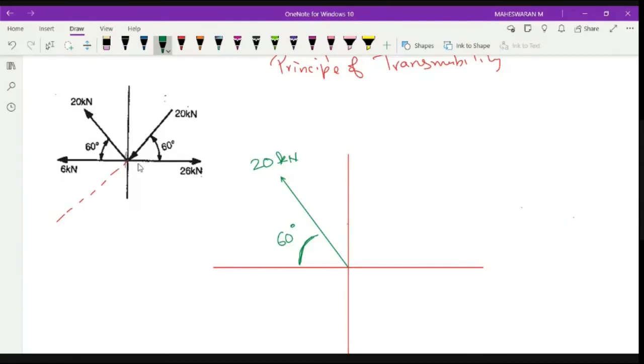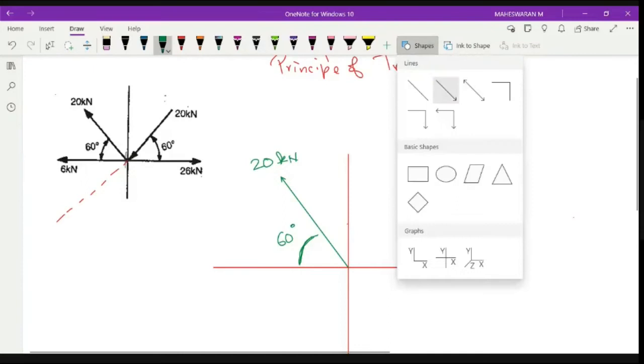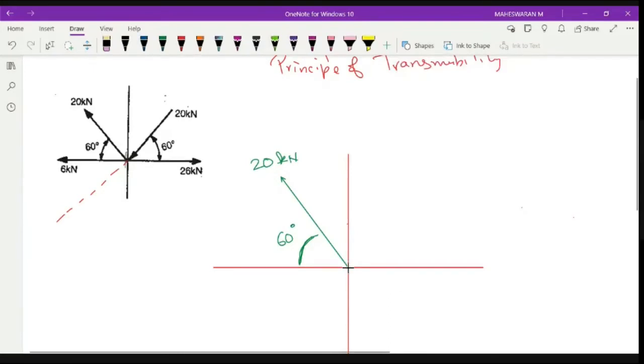Next, 6 kilonewton, it is acting along this line, so I can draw similar to this. 6 kilonewton and 26 kilonewton, that is also on the same line. So I can draw like this. This is 6 kilonewton and this is 26 kilonewton.